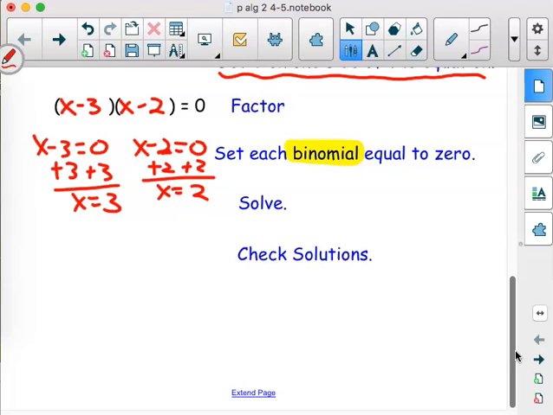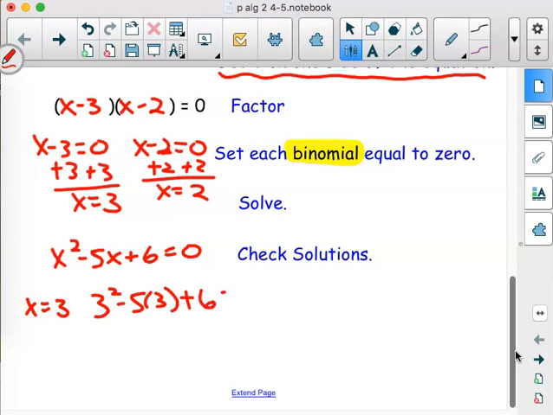So now the last thing we should do is check them and make sure that they give us 0. So our original equation, when we moved it over, was x squared minus 5x plus 6 equals 0. Let's check and see if these work. For 3, it would be 3 squared minus 5 times 3 plus 6 equals 0.